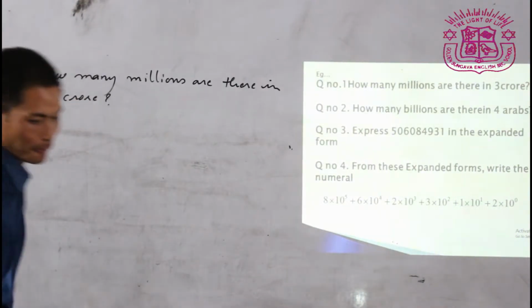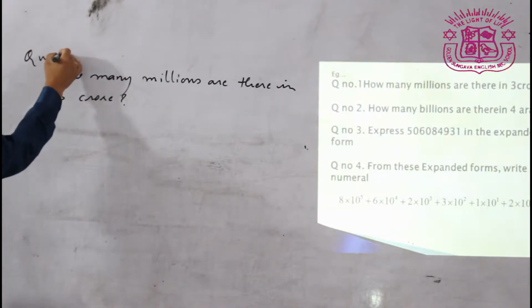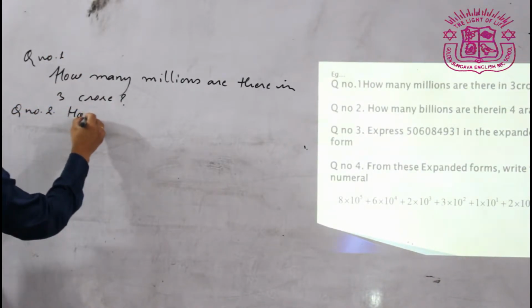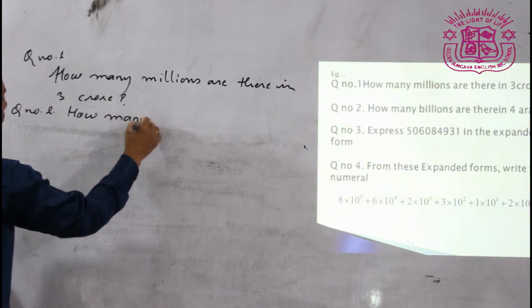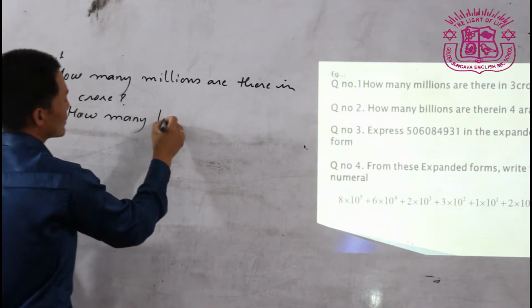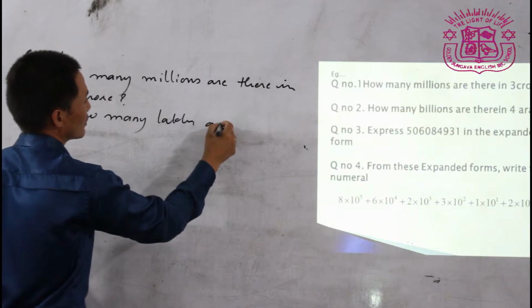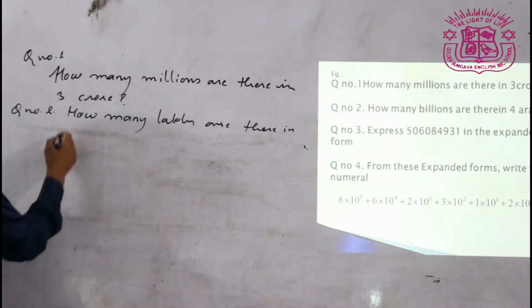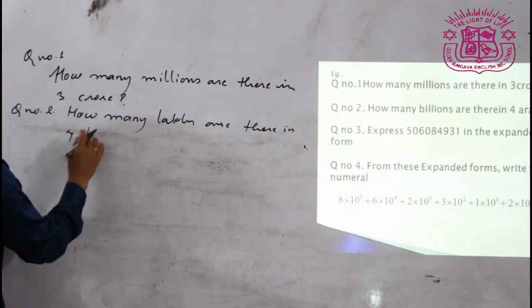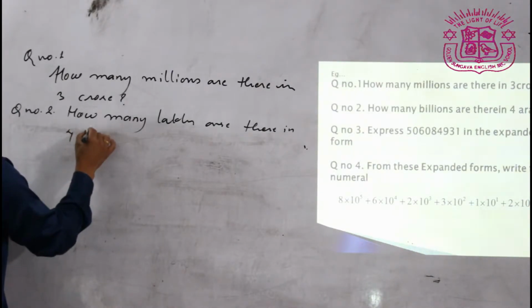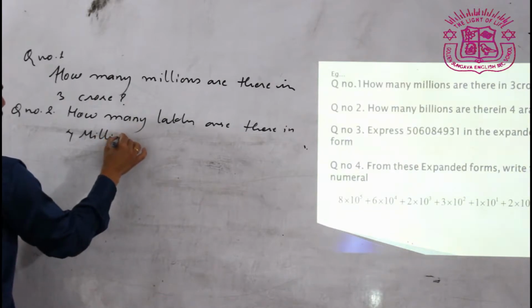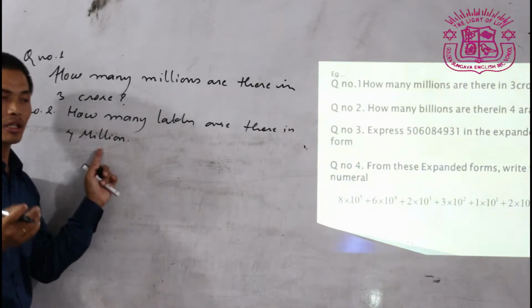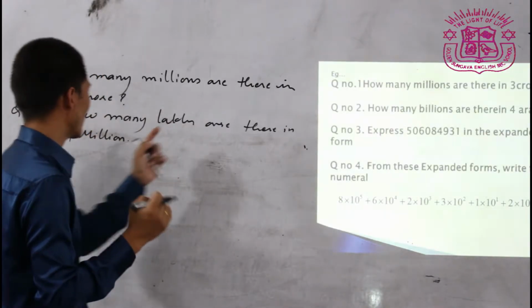Okay. One more example. How many lakhs are there in 4 million? We are comparing 4 million into lakhs, right?